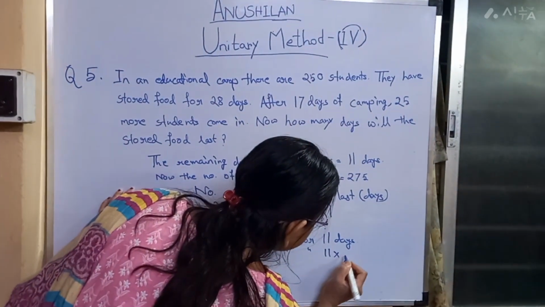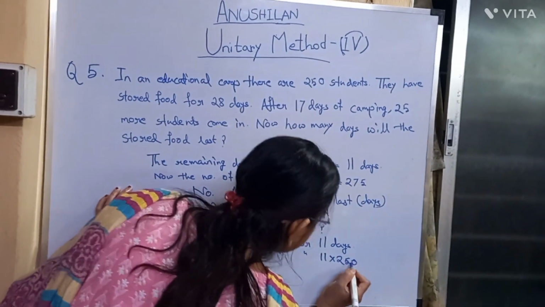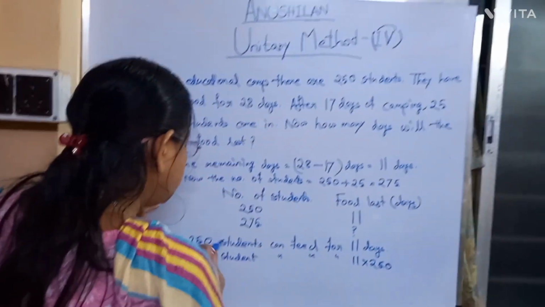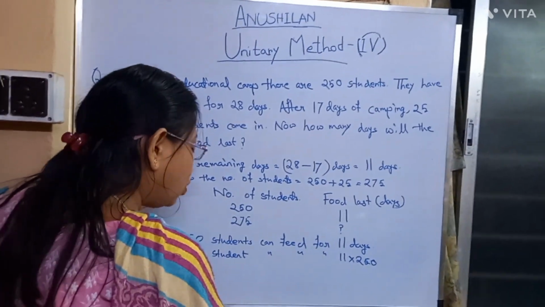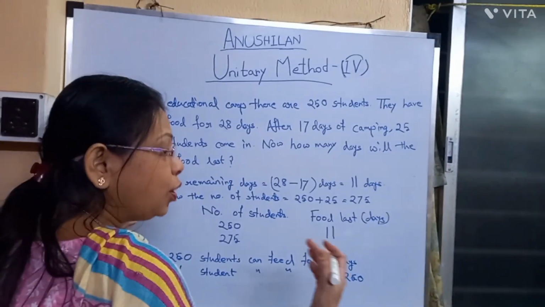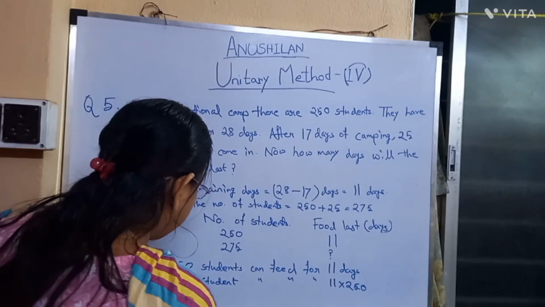Relation is indirect, because 250 students can feed for 11 days, then one student, it will take more time to consume the food.